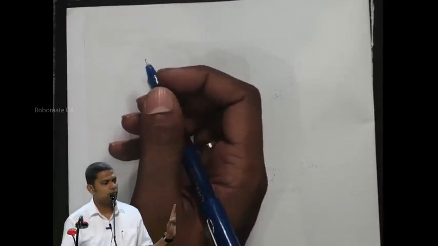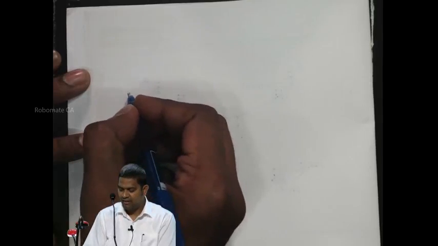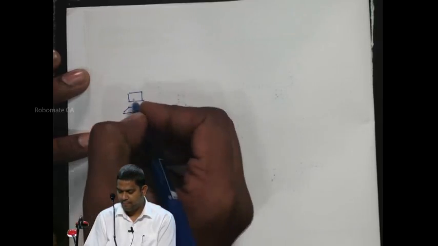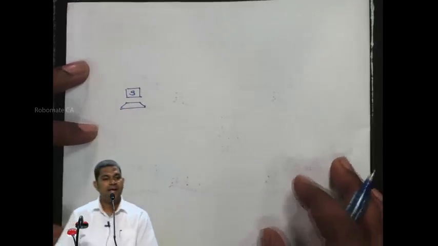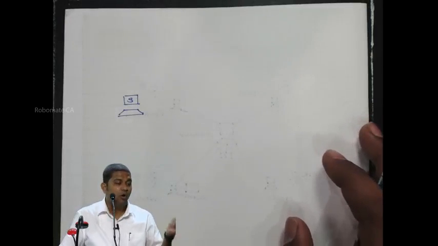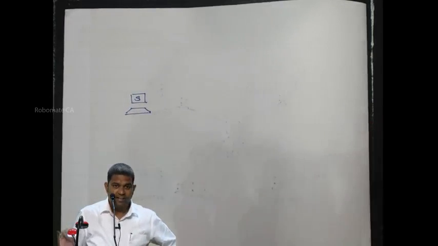We will be, please, calm down. We will be having a server denoted by S. Now this particular server will also have a network interface card, where the wire of a network will be connected.